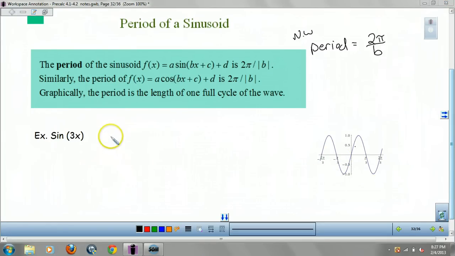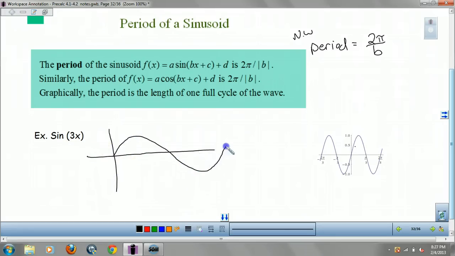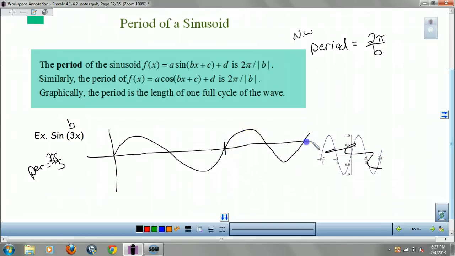And what that means is, I'm graphing sine of 3x. Every time, I'm just going to go up, down, and around. So now, this is my b. So my period is going to be 2 pi divided by 3. So it's going to repeat every 2 pi over 3. So I go over here, that's usually 2 pi. I'm going to draw some squiggles over here.